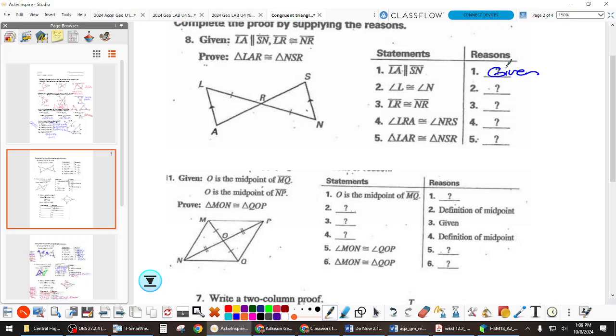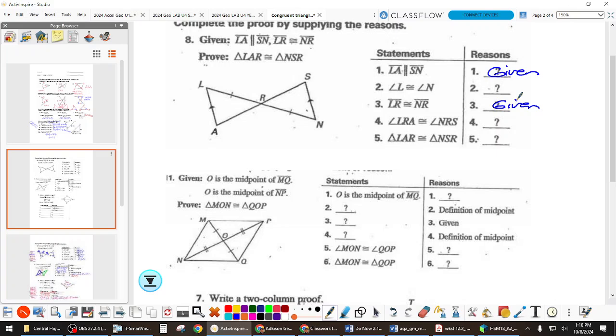But do you see where that is in our proof? So go down there and write given there too. When we write our own proofs, we haven't really done it separate like that, which is fine. All right, our goal is to prove that these two triangles are congruent, and LA and SN being parallel is already marked in the figure, and so is the side length congruence.